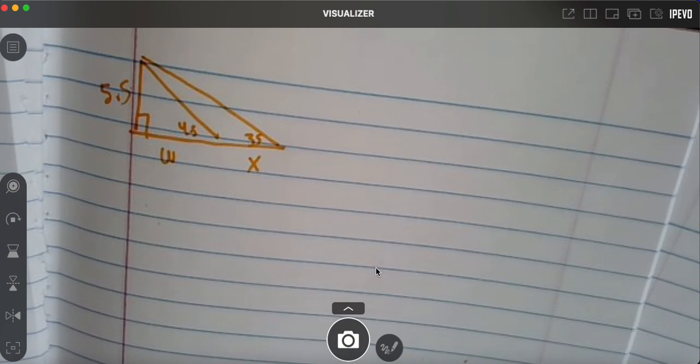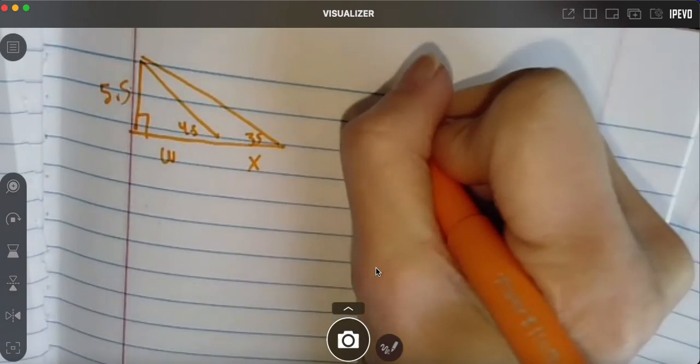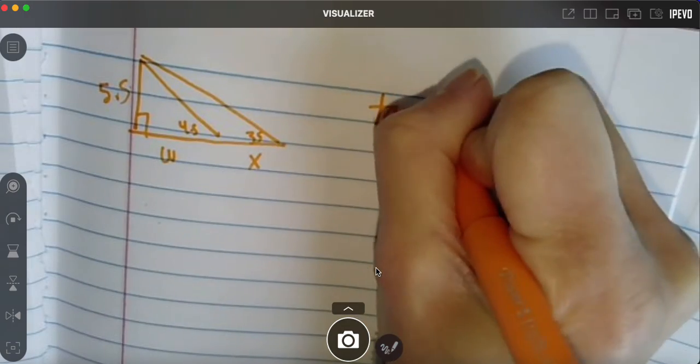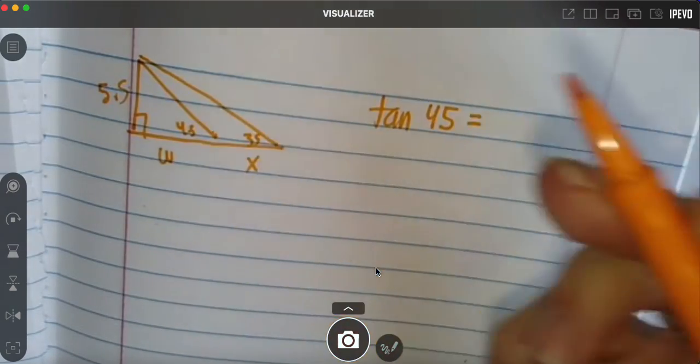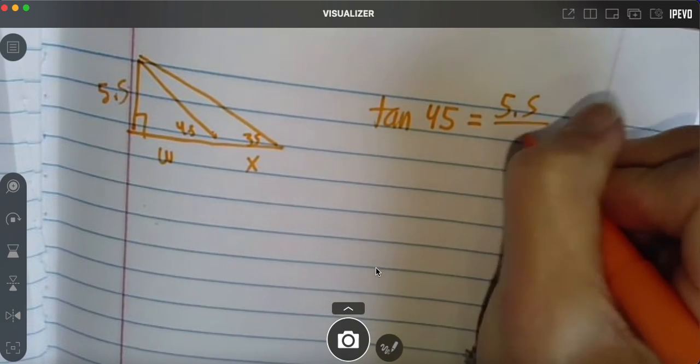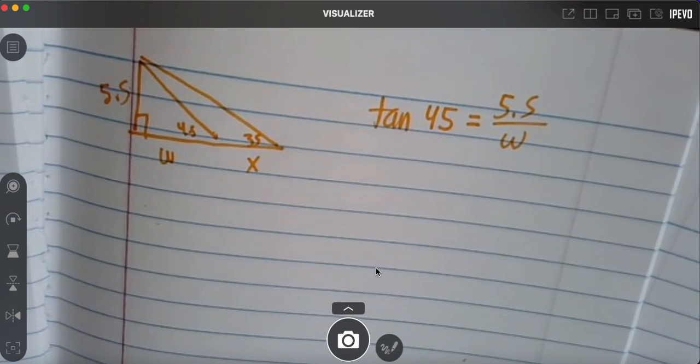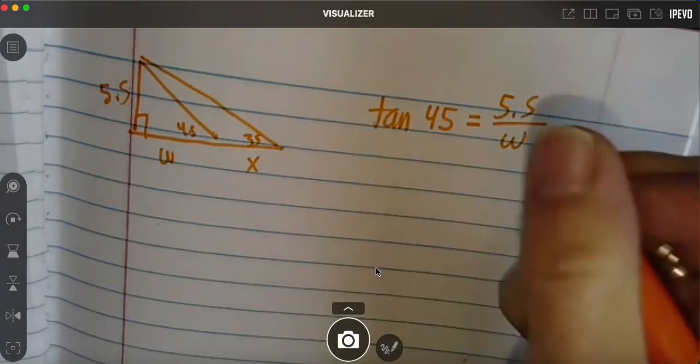You use your little 45 degree angle, so you're looking at sine, cosine, or tangent. The tangent of 45, they give me the angle, equals opposite over adjacent. 5.5 over W. How do you find W on this one? You're going to switch. Normally, we've been multiplying, but every so often, we actually have to switch them.